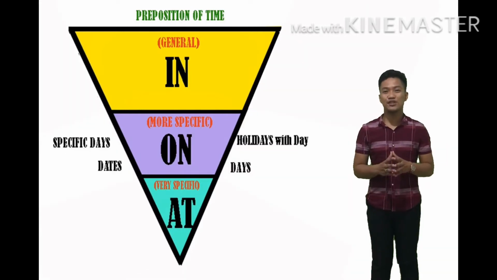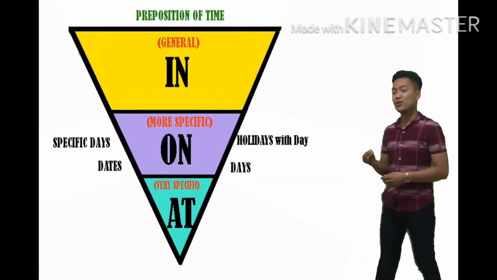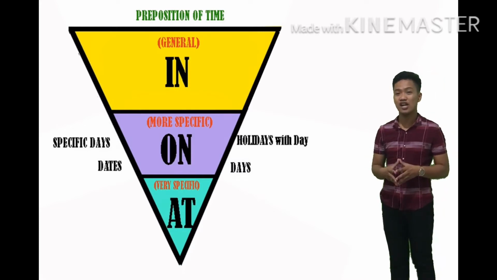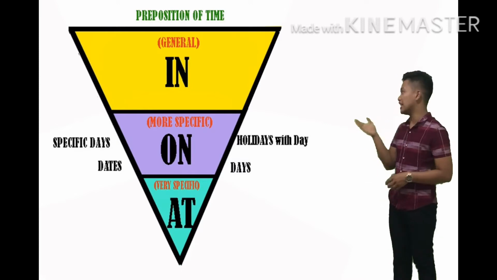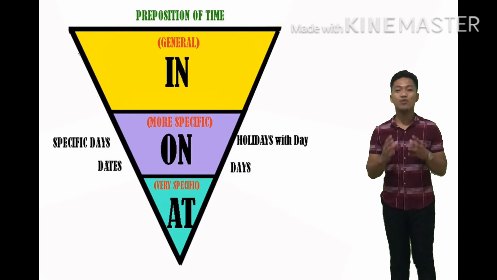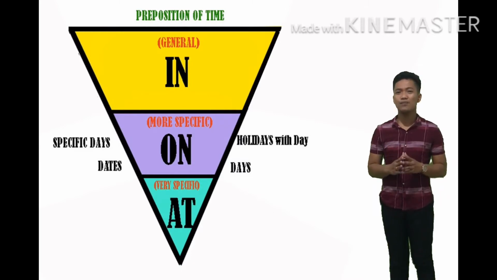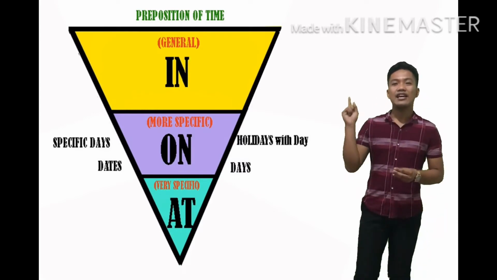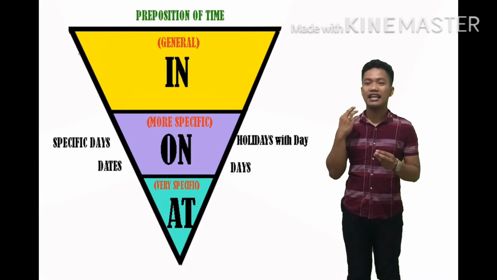The second preposition of time is on. As you can see in our inverted pyramid of prepositions of time, the preposition on is in the middle. It shows that on is more specific. So when can we use on in a sentence? First, it could be days.